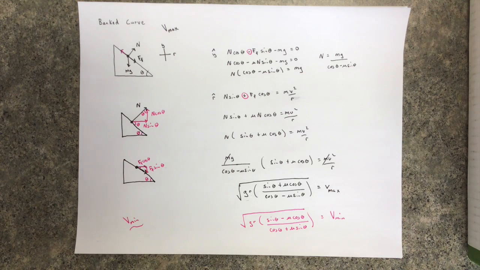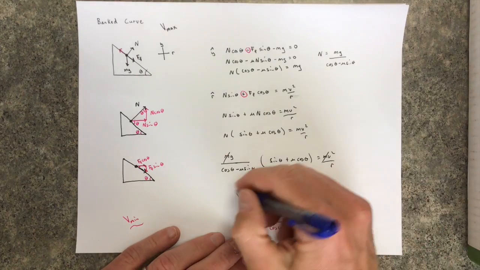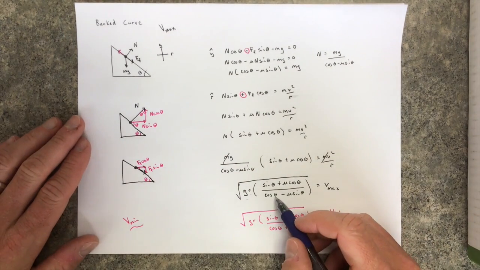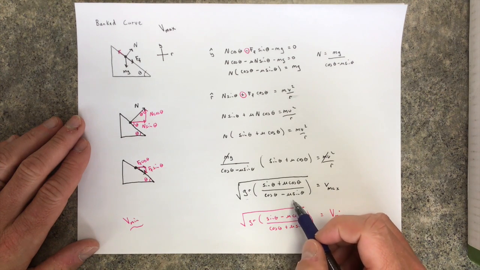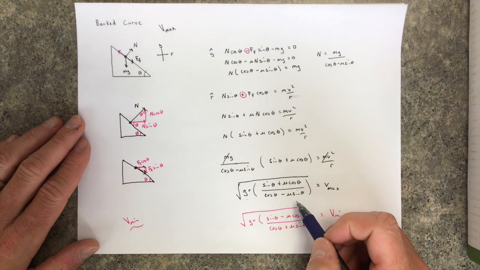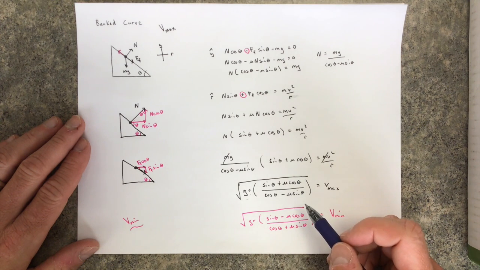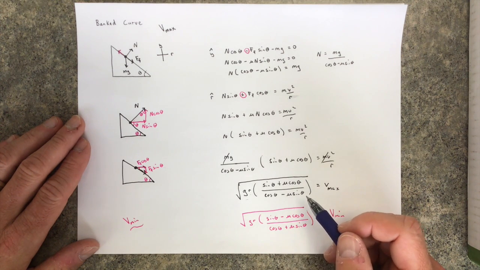There are a few textbooks that take, let's get even a different color here. How about blue? And they'll take this guy, and what they'll do is divide everything in this fraction, top and bottom, by cosine.